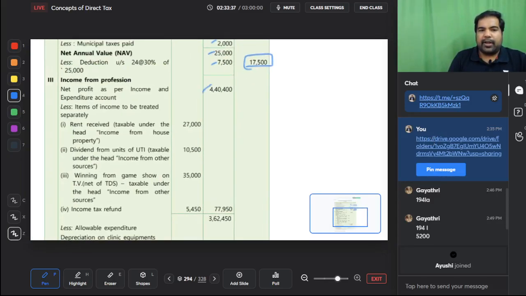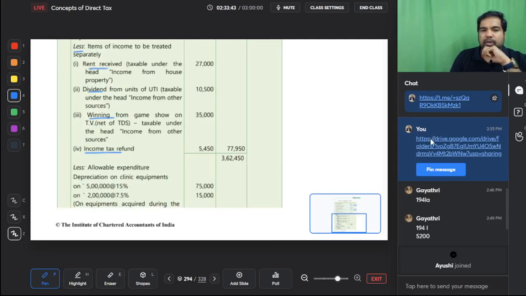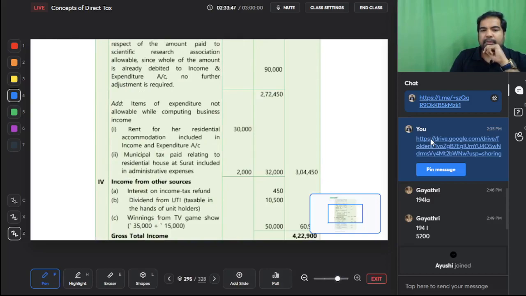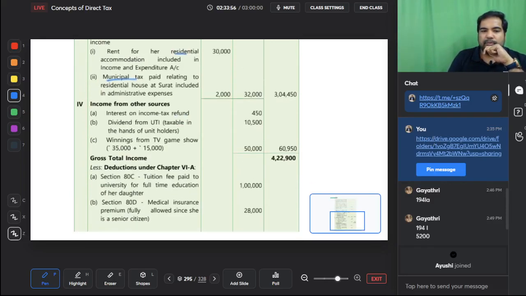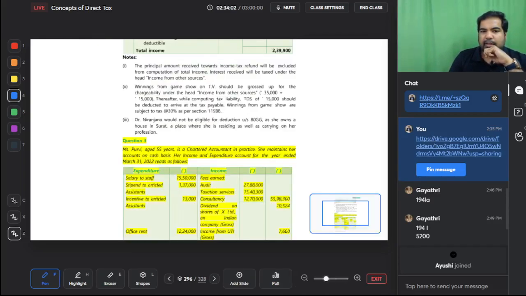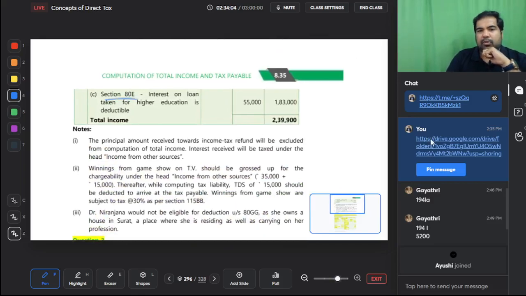This rent received you've less, dividend you've reduced, winnings from lotteries, income tax refund you've reduced, depreciation you calculated exactly the same that we had done. Then add rent because that's a residential house, you minus it, and municipal tax also. Income from IFOS, there are 3 incomes, gross total income, 80C, 80D and 80E, and that's how you get your answer and that's how you get your marks.